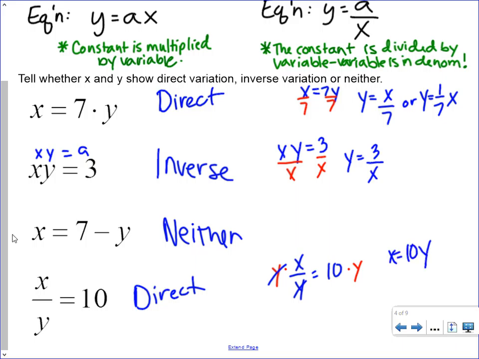Well, that very clearly looks like a direct variation. And again, is it okay, like on this first one, that it was x equals a times y instead of y equals a times x? Yeah, it's fine. If we solve it the other way, it would be y equals 1/10 times x. But that's still a direct variation.